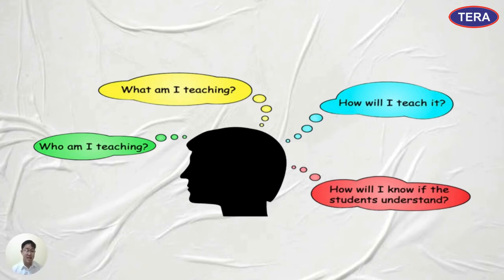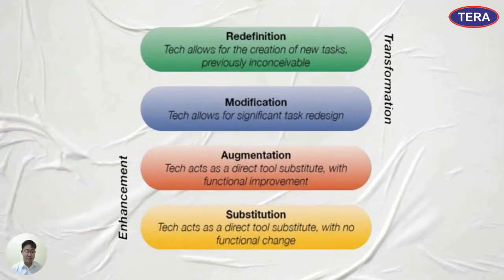How will I teach it? Who am I teaching? And how will I know if the students understand? Now, the SAMR model is essentially a planning tool that helps to design better learning activities for students. The framework provides pedagogical insight into how technology can and should be used in the classroom.